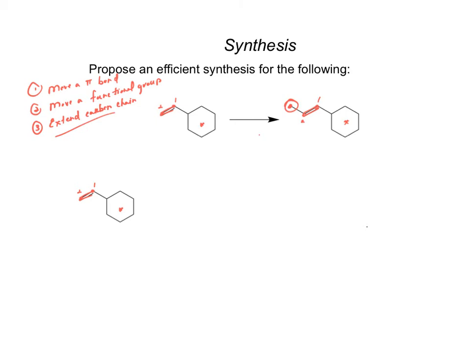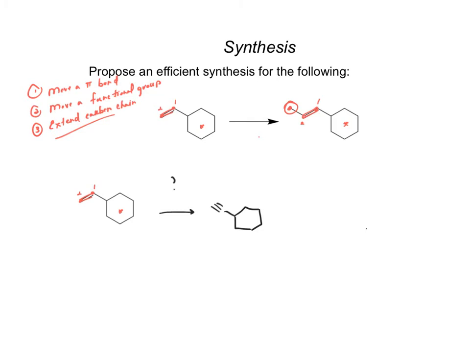So my first question is, how do I take my starting material, and how do I make a carbon-carbon triple bond at the end of this molecule? How do I turn this guy into this guy? Right, so this is our big first question. Once I'm here, once I've turned my double bond into a triple bond, then the question is, how do I take that triple bond and make it add a carbon?